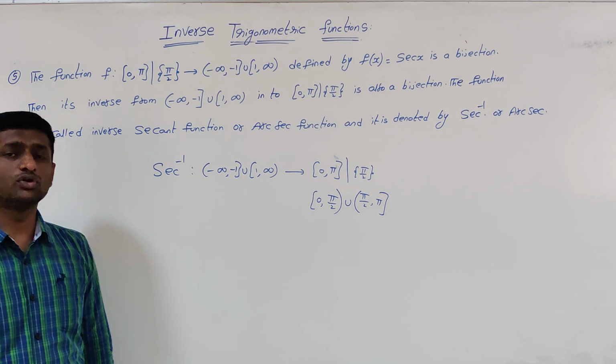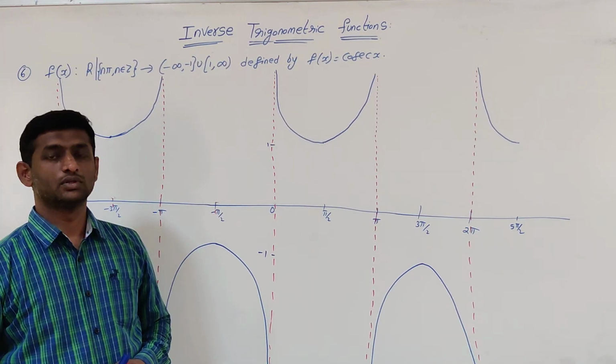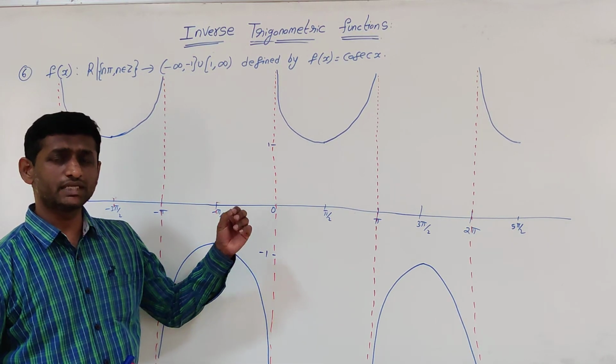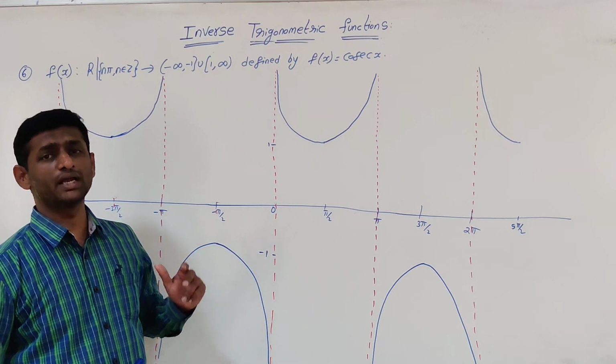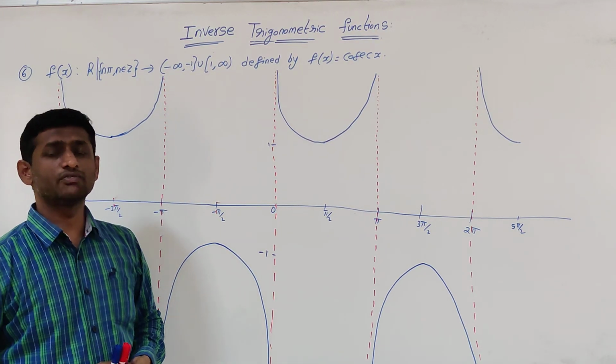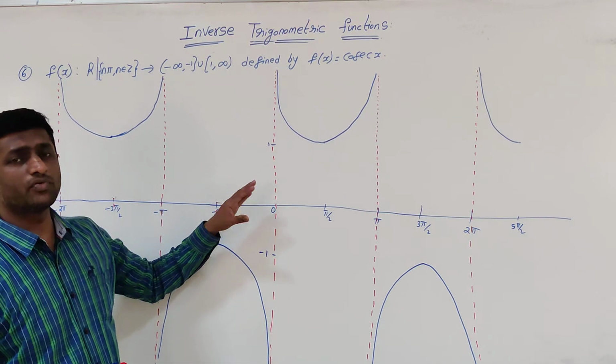So next we'll go for the cosecant function. The function defined for all angles except multiples of pi to minus infinity to minus 1 union 1 to infinity, defined by f of x equal to cosecant x. So we'll see what type of function it is.